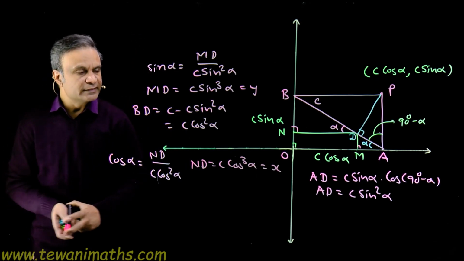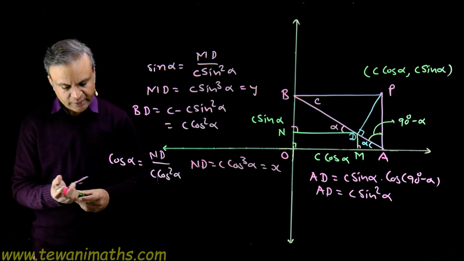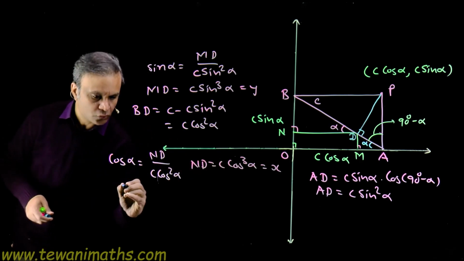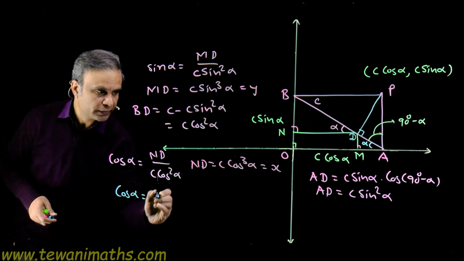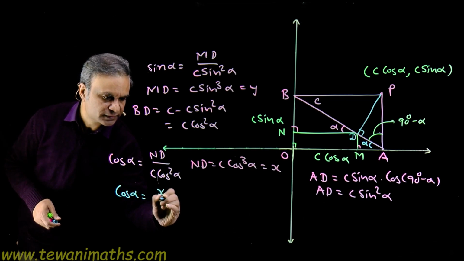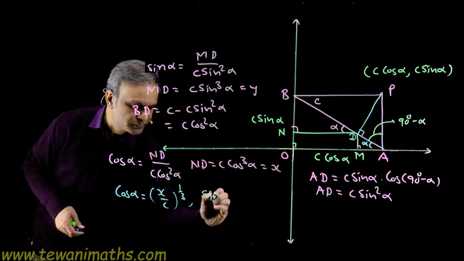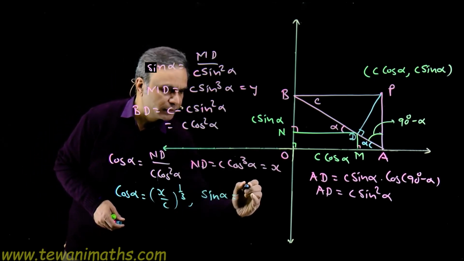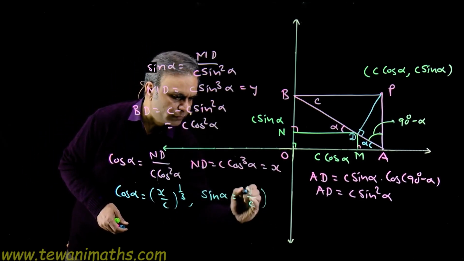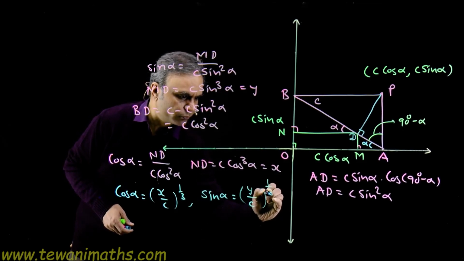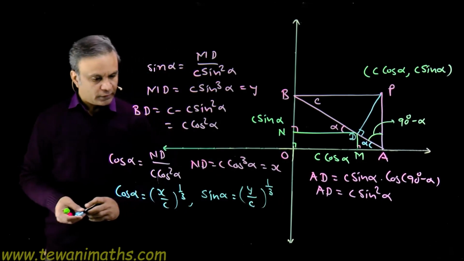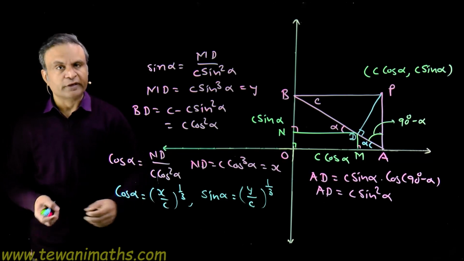Now we can easily eliminate alpha. We have the value of cos alpha as x upon C power 1 upon 3 and the value of sine alpha as y upon C power 1 upon 3. Now we can eliminate alpha by squaring and adding.